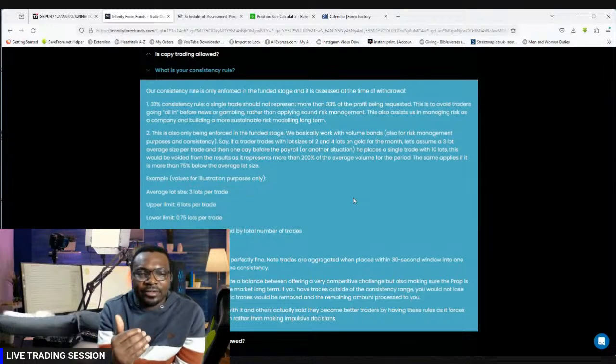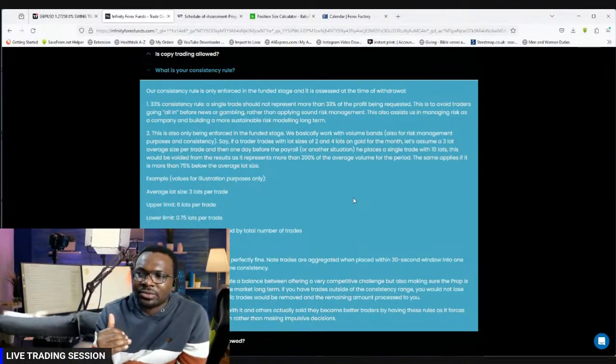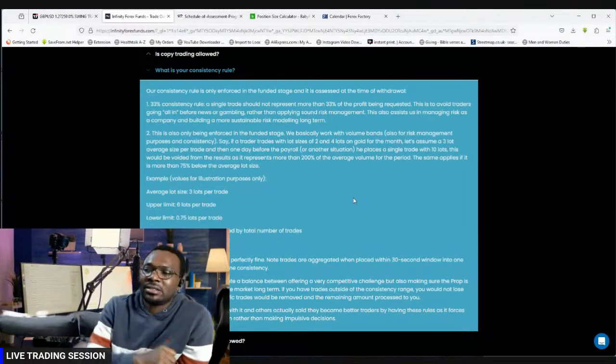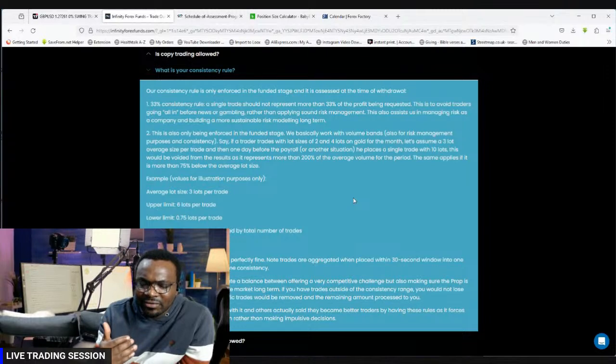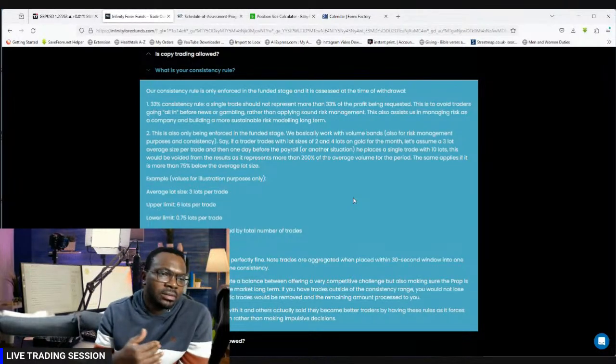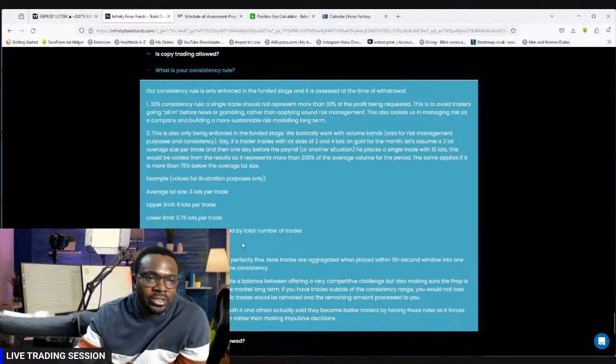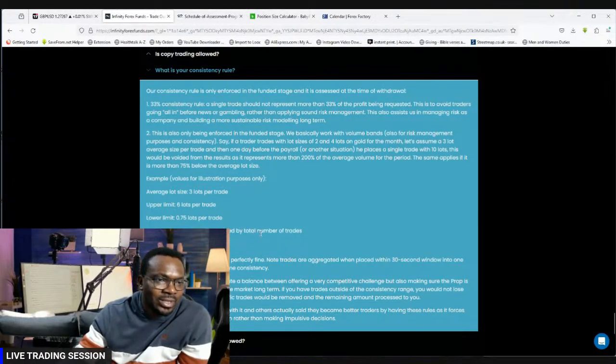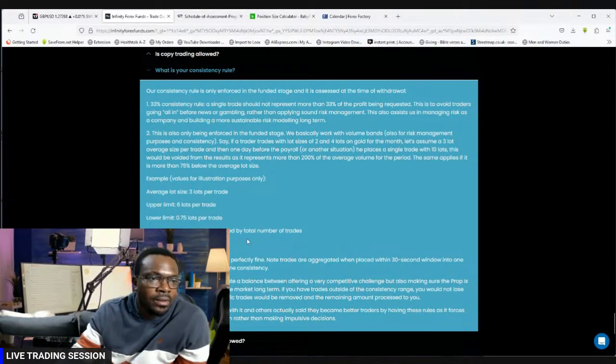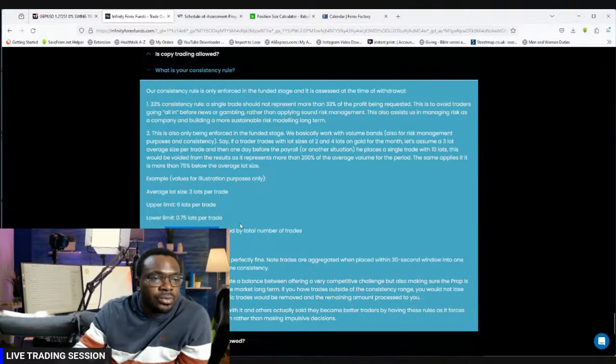Because on their back office, they still have a record of those as part of your number of trades. That is very confusing, and it is actually not right if they are doing that. They need to explain that. But again, I think that's what they say, total number of trades. If they're going to do that, it's going to affect a lot of things about your lot size. But this is what they do.